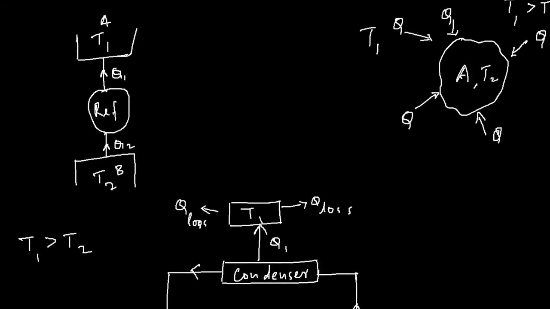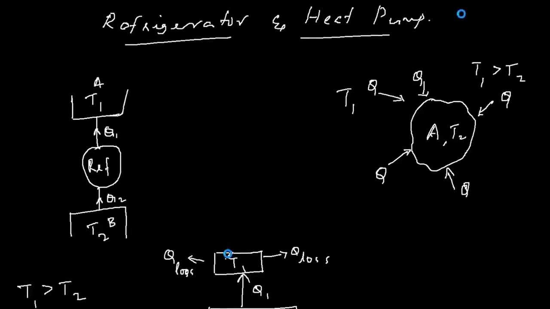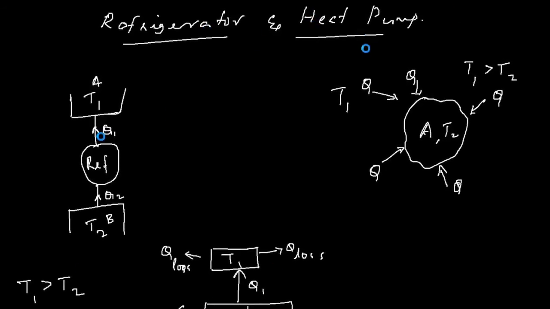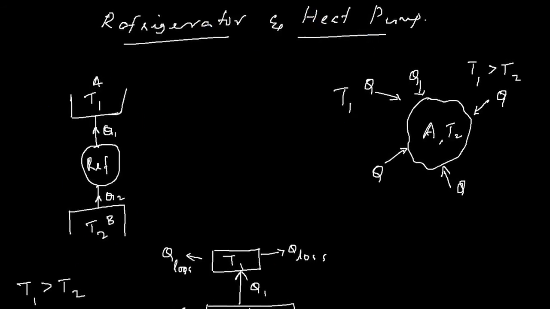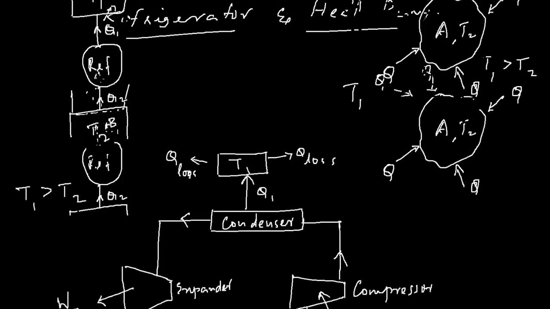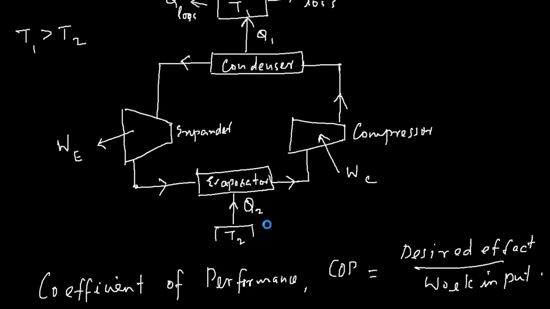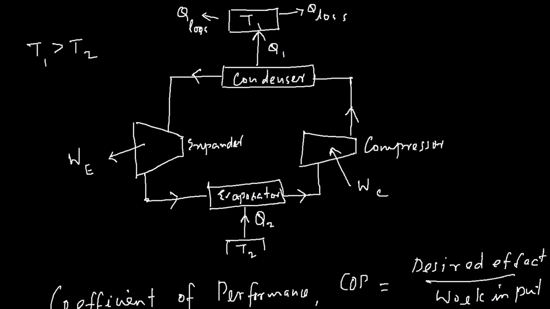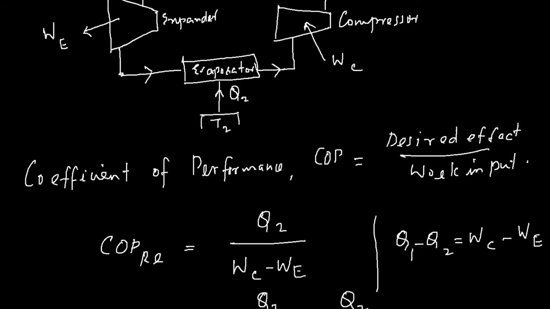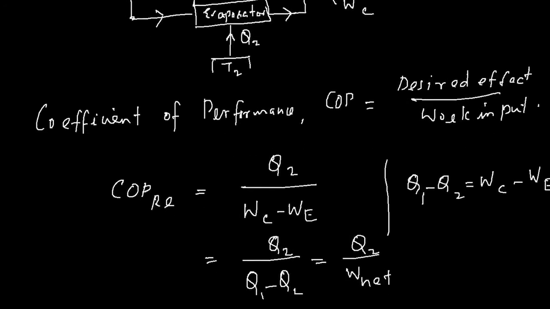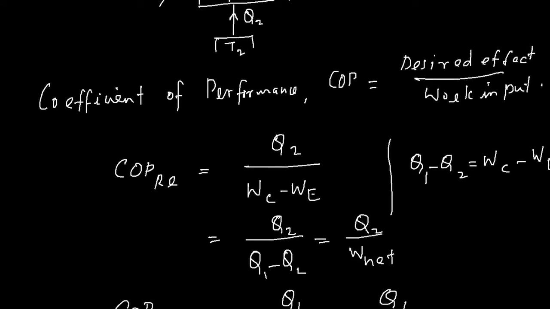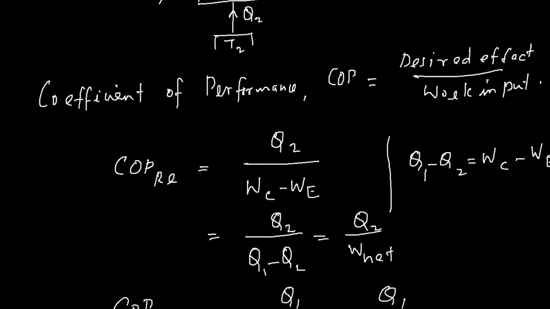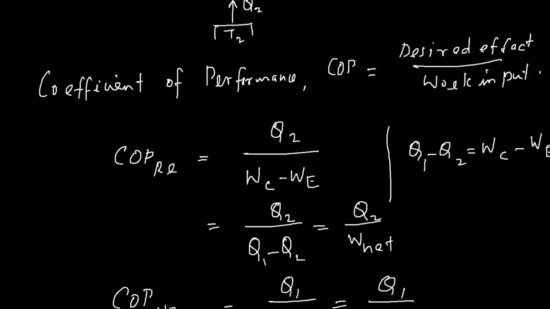So once again, all the things that we mentioned in the video: the refrigerator and heat pump both operate in the same cycle. The only difference is the refrigerator tries to maintain the low temperature, whereas the heat pump tries to maintain the higher temperature of the two sinks. Now, the efficiency of the heat pump and the refrigeration cycle is called the coefficient of performance, and that is the desired effect over work input.